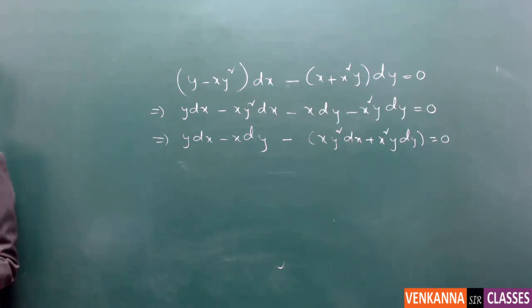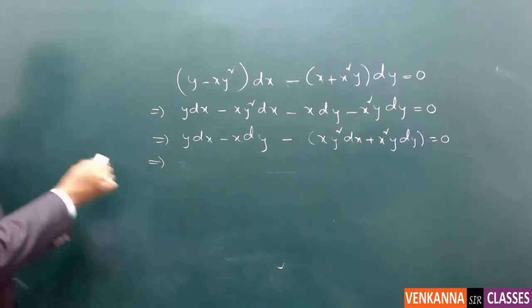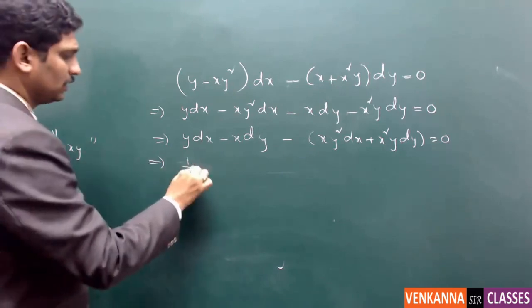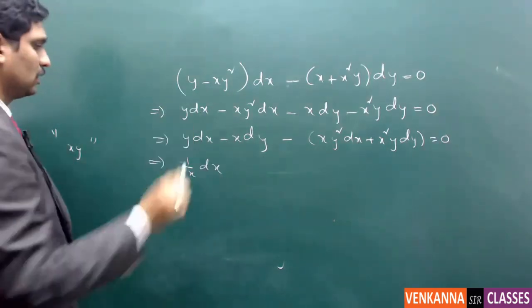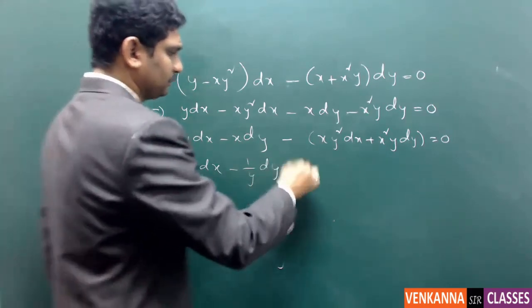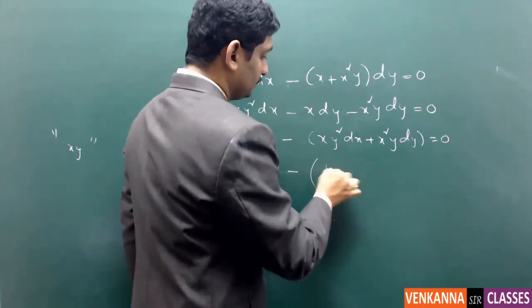Divide with x square, so that the whole thing will become derivative of something. Okay, divide with xy. Let us check what happens. If you divide with xy, then it will be 1 by x dx minus 1 by y dy minus of xy.